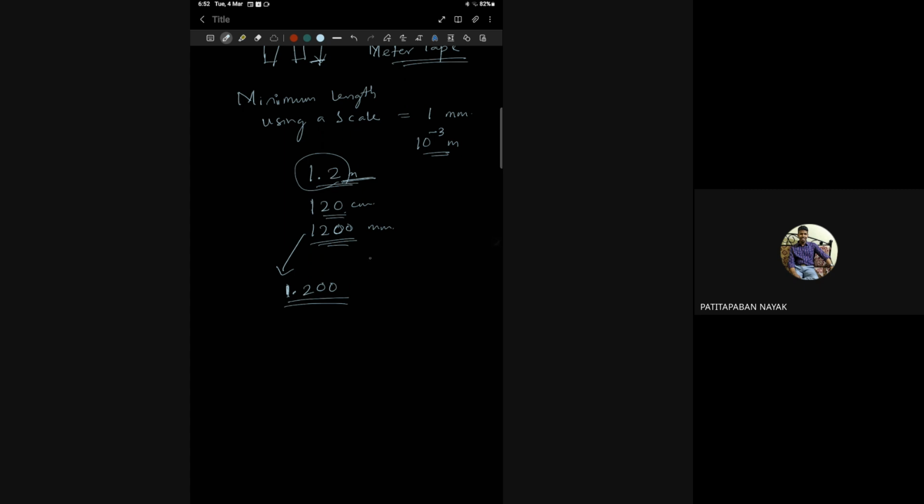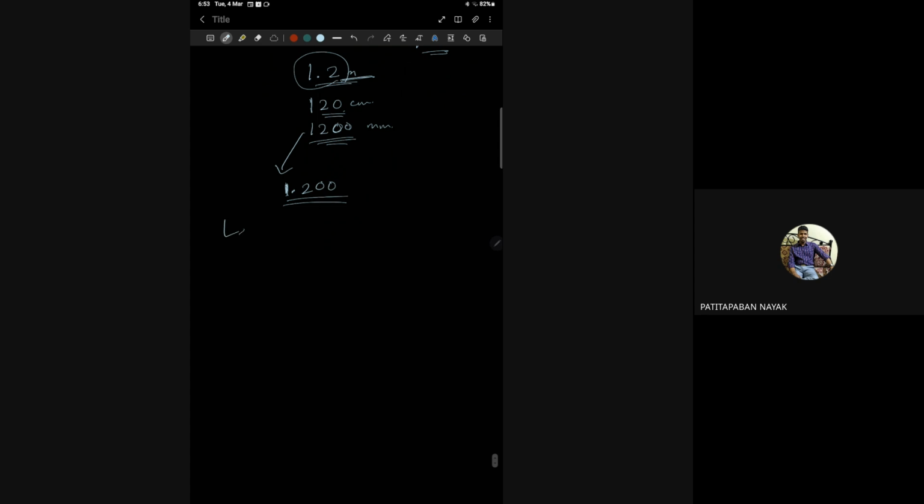So if I want to write the length of my pen is equal to 1.2005 meter, can I write this much using a scale?